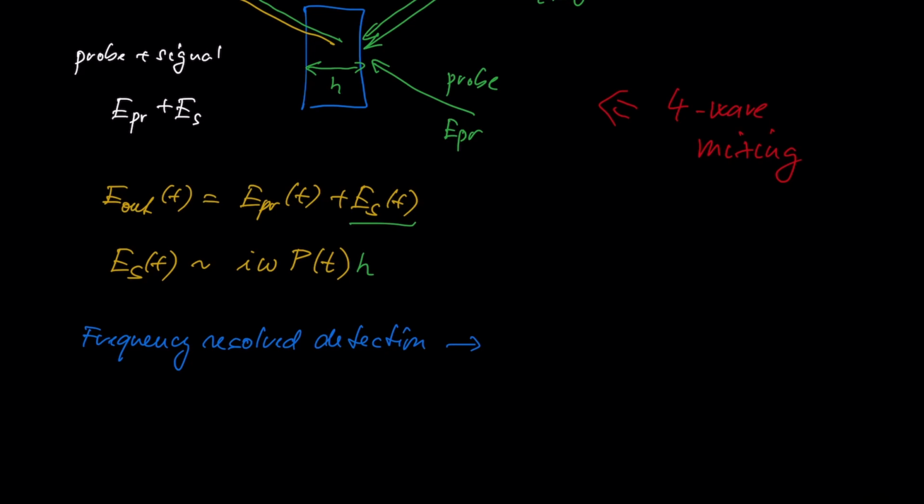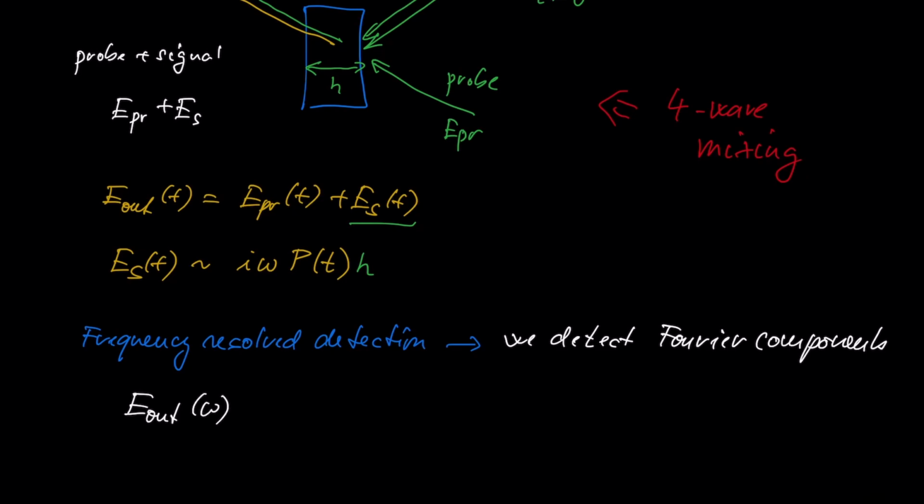So we basically detect Fourier components of the signal. Which means that our E out should be understood as a function of omega, and that's the probe of omega and the signal of omega.